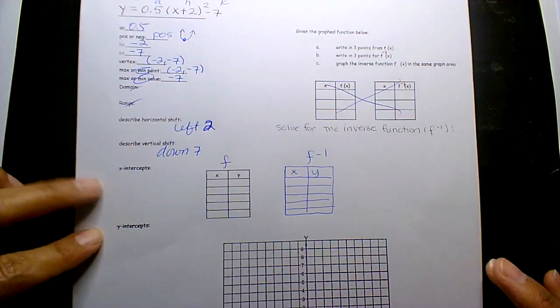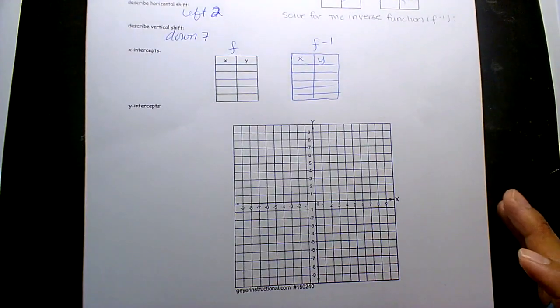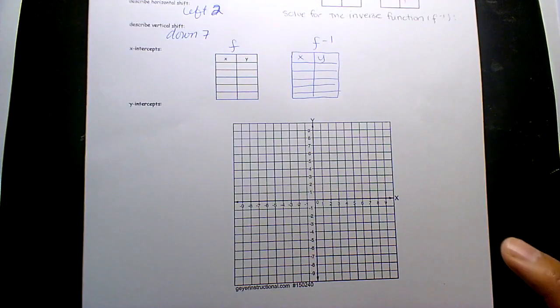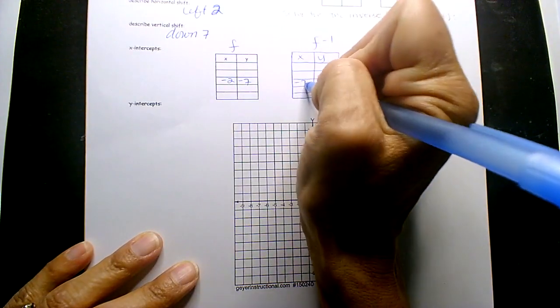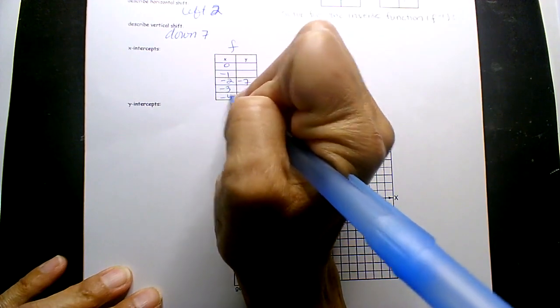Okay, x-intercepts. If I'm able to graph them pretty neatly, I'll show you, but I ended up just putting more points, and some of you had really beautiful graphs, so you put a bunch there. If it's -2, -7, I already know this is -7, -2. All right, -1, 0, -3, -4.